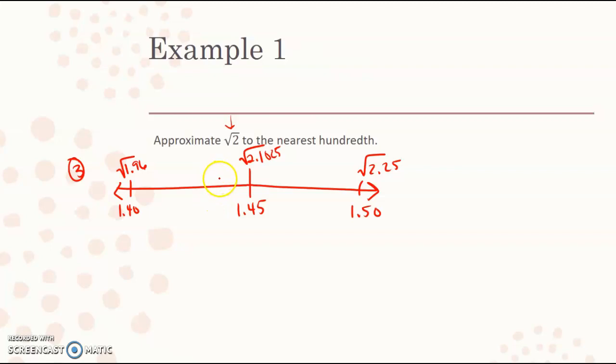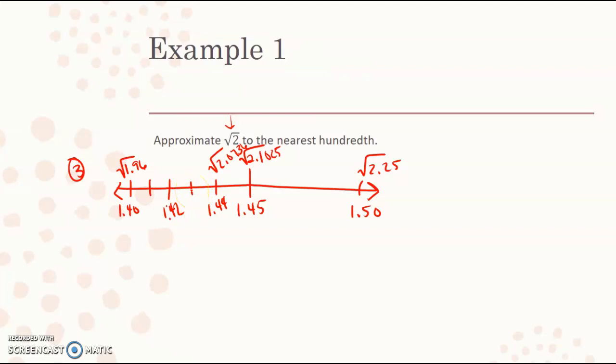We're still above it. So this would be 1.41, 1.42, 1.43, 1.44. Since this is slightly above, I'm going to check 1.44 squared, or 1.44 times itself. And this gives us the square root of 2.0736, which is still greater than 2.